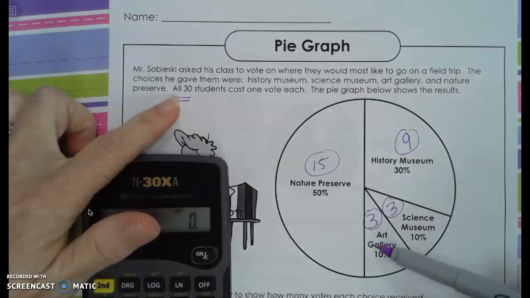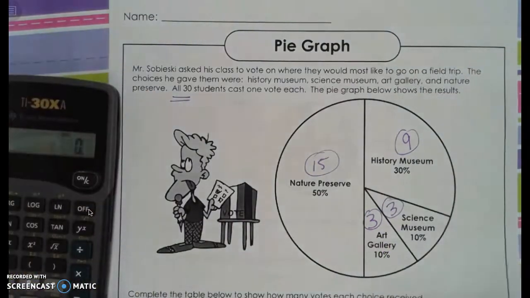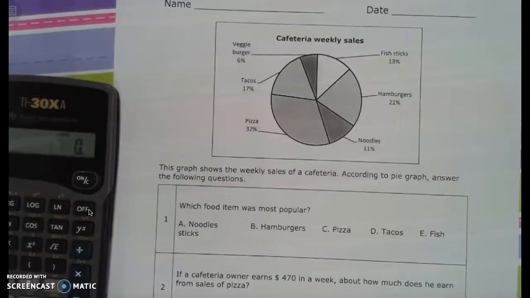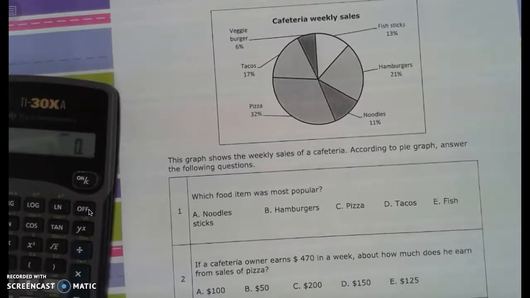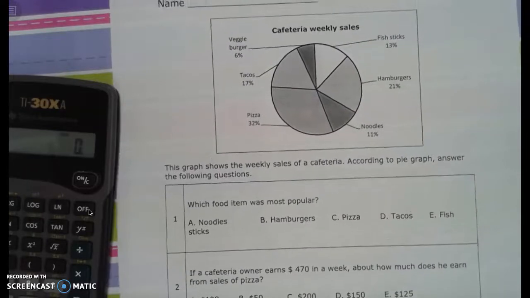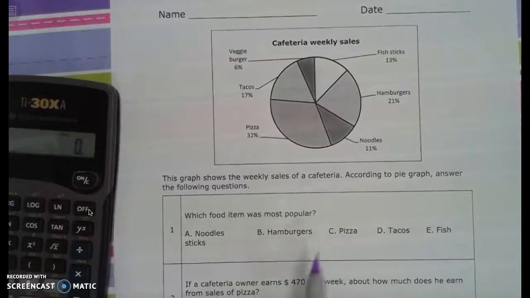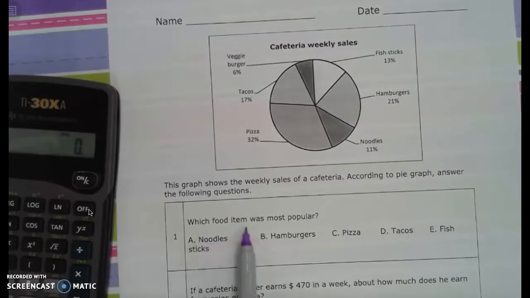Okay? So that's just one way to look at a circle graph. Now we'll look at another circle graph, and it's going to ask us some different types of questions. The kinds of questions are endless as to what it's going to ask. But on this one, we're looking at the cafeteria weekly sales, and it says which food item was most popular.